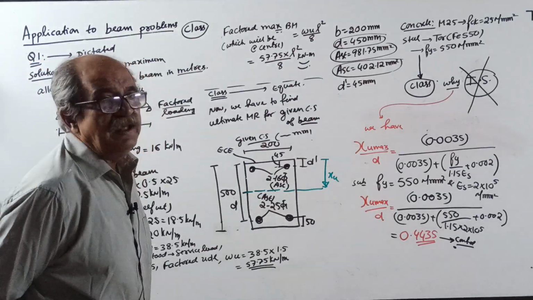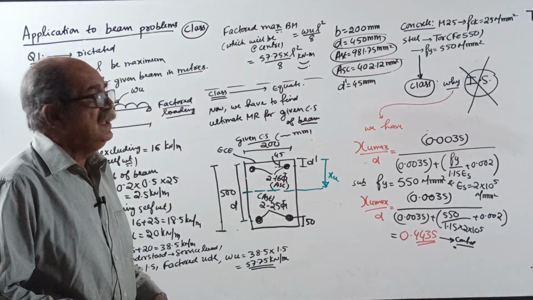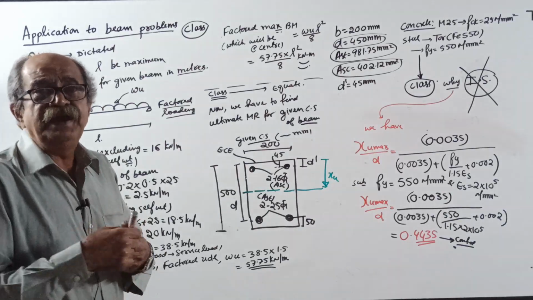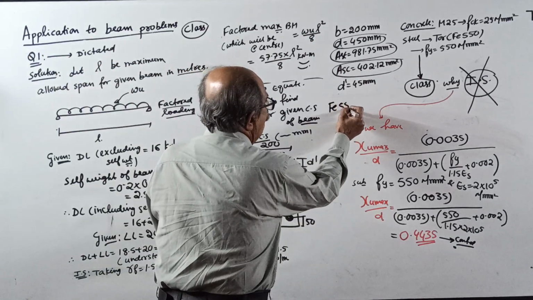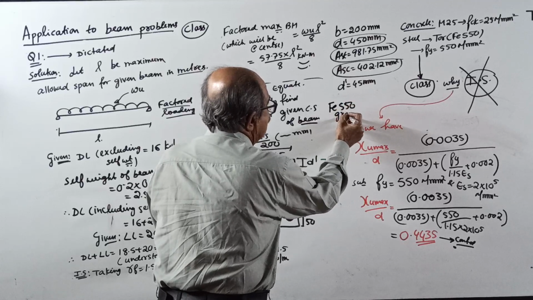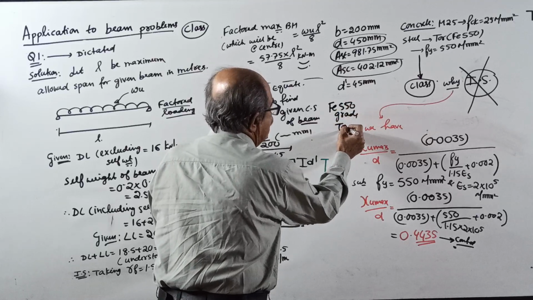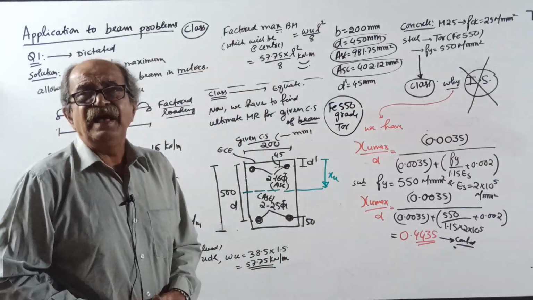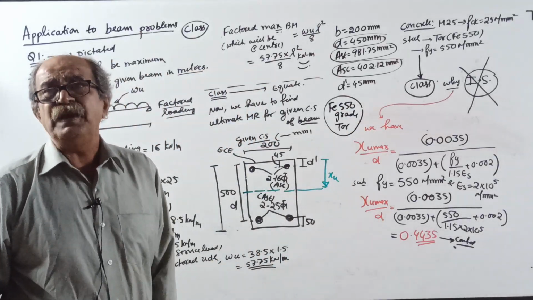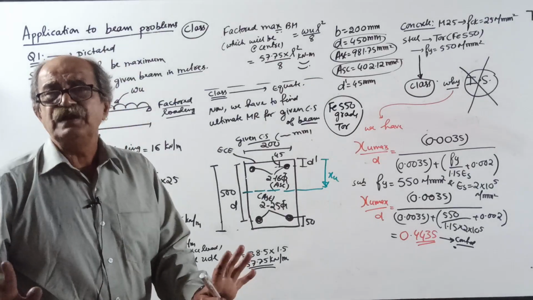Taking M25 concrete and remember Fe 550 grade TMT steel. Find maximum allowed span for the beam. That is the question.